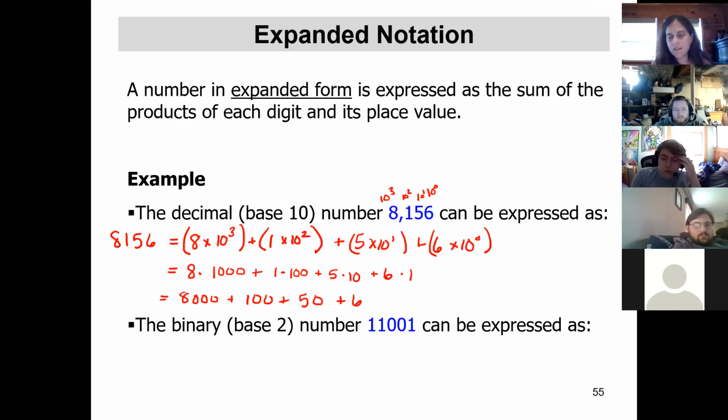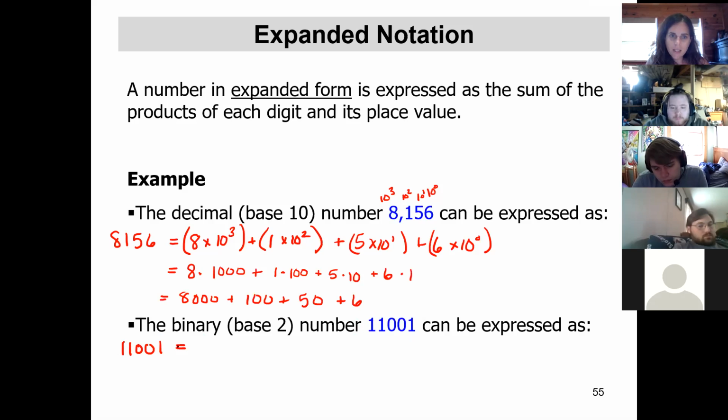Okay, that helps us establish how we do the binary. Although that should have been rather straightforward, this will help us with the binary. So we started with 10 to the 0, 10 to the first, 10 to the second, 10 to the third. As we come down here, this is my binary number. I have 1, 1, 0, 0, 1. This digit, I'll start from the most significant, but this is 2 to the 0, 2 to the first, 2 to the second, 2 to the third, 2 to the fourth.